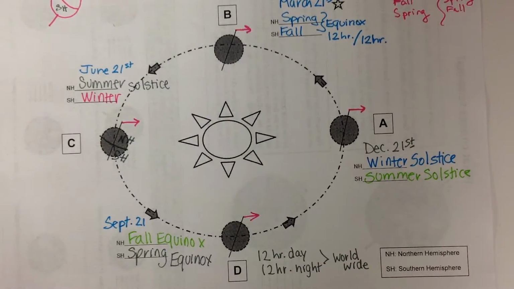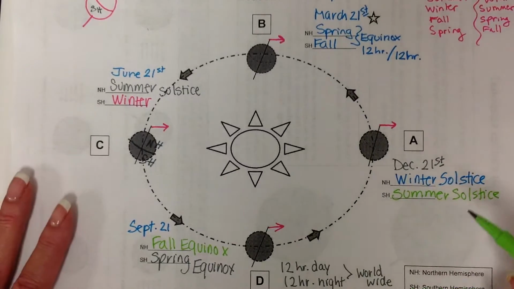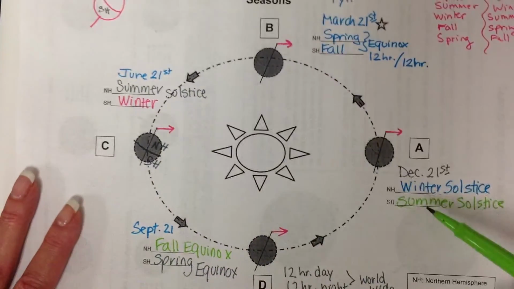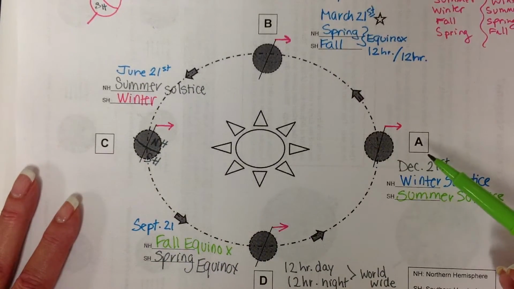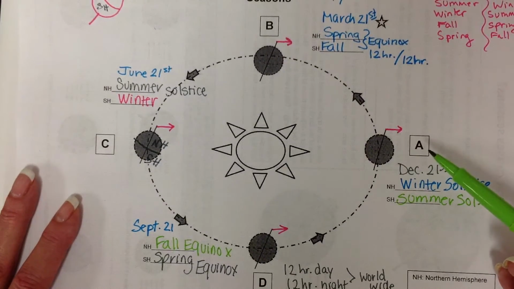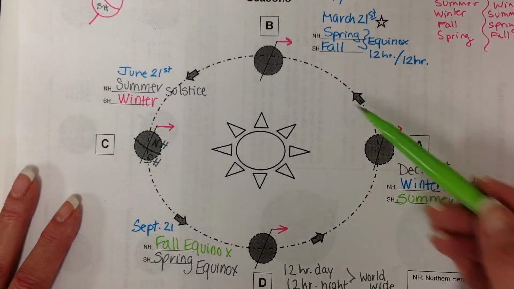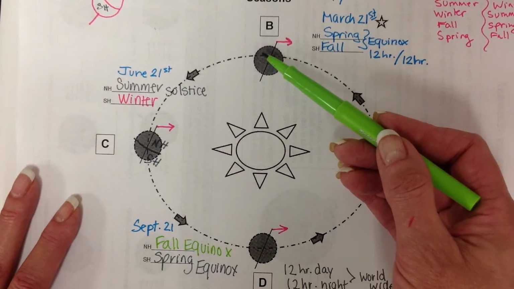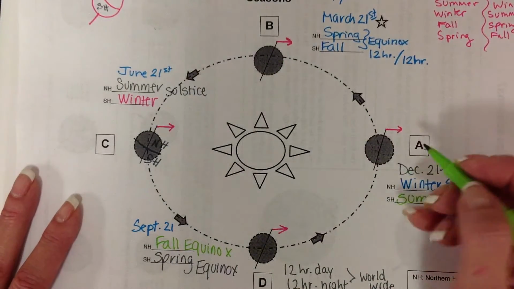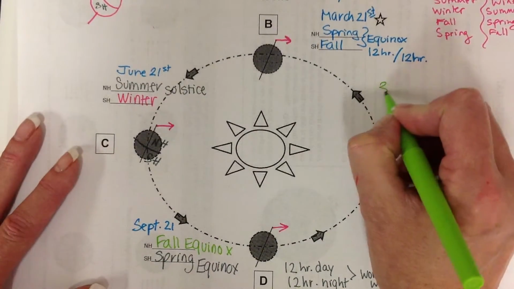You also have to realize that, let's say, if we wanted to go from summer just to winter, so from C to A, that would take 6 months, right? If we just wanted to go from A to B, that would be 3 months.